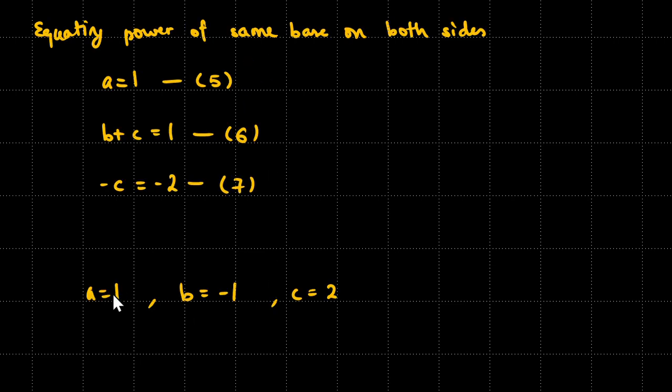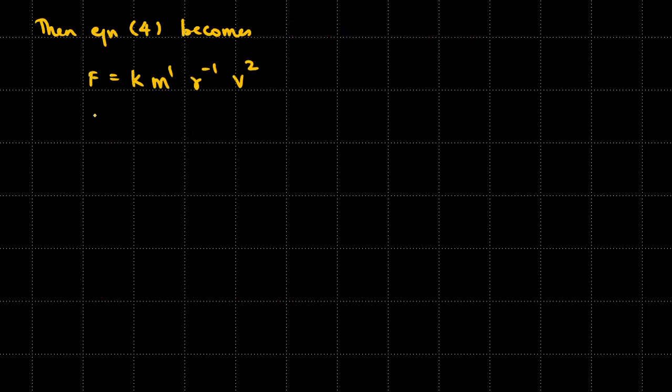As you can see, a is 1, b is minus 1, and c is 2. Writing this a little more formally, we get F equals k m v squared by r, which is our equation 8. This is the relation, the expression we were trying to find. So equation 8 is the required expression.